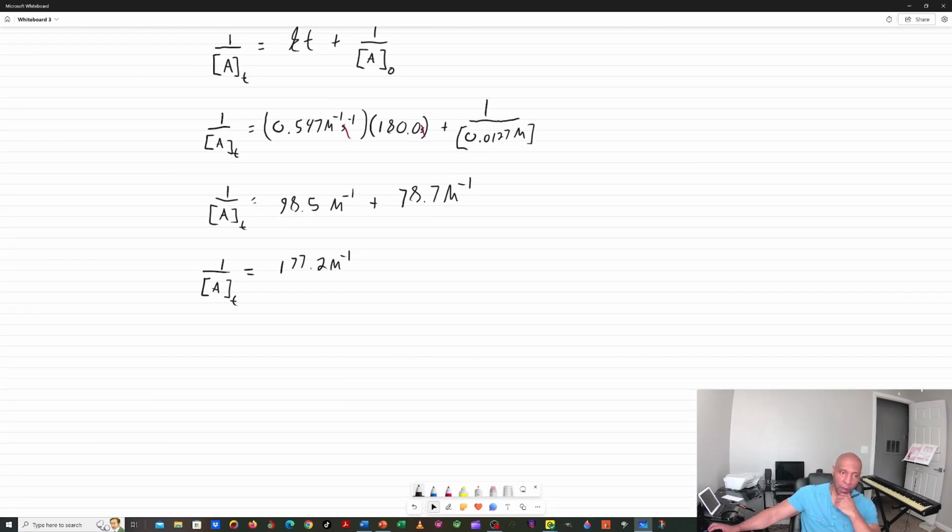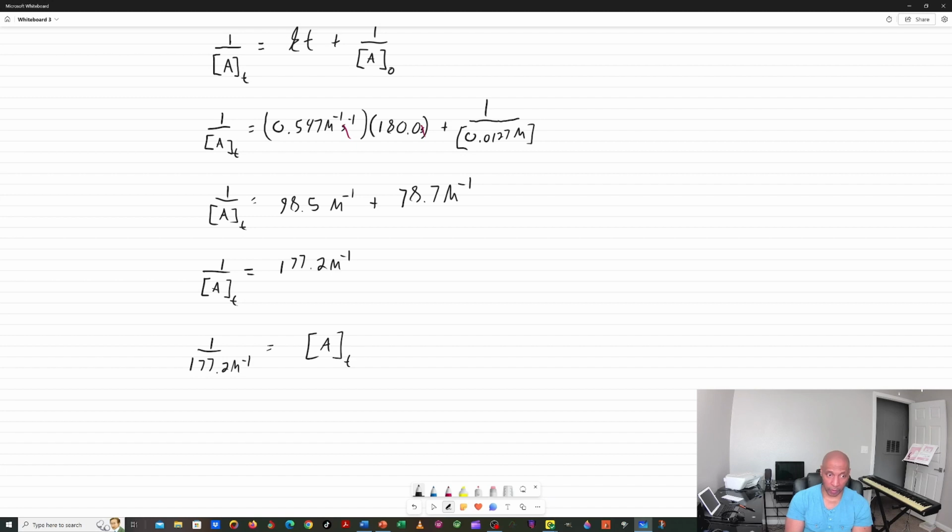Now, this is not my answer. It's the reciprocal of my answer. In order to get my answer, I'm going to end up with 1 over 177.2 is equal to my A concentration at time t, my A concentration after 180 seconds.